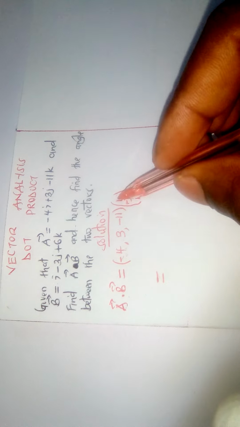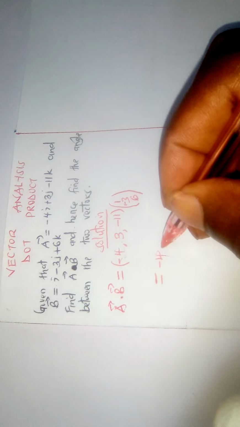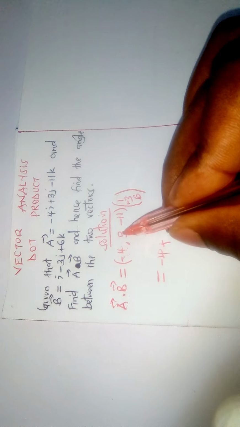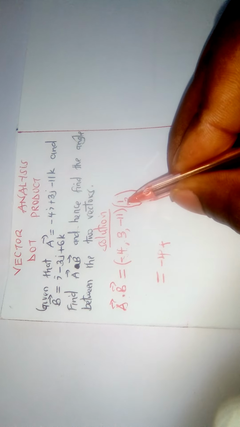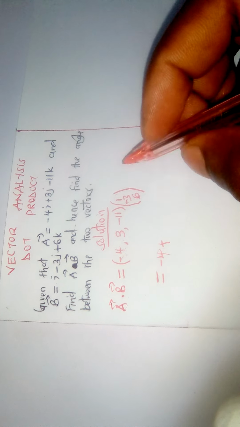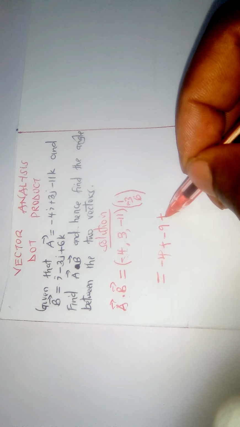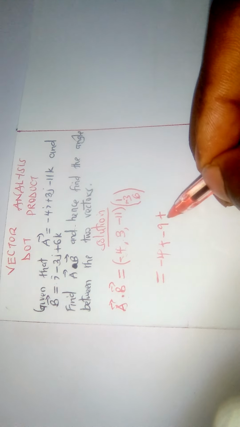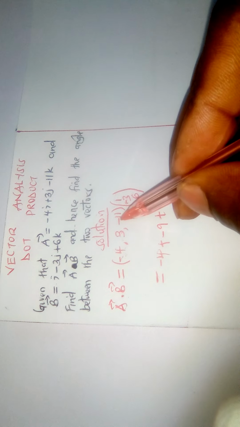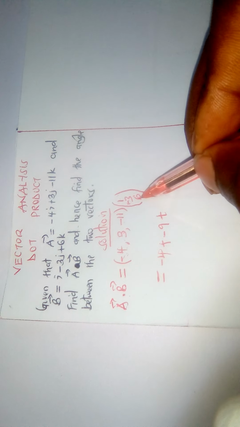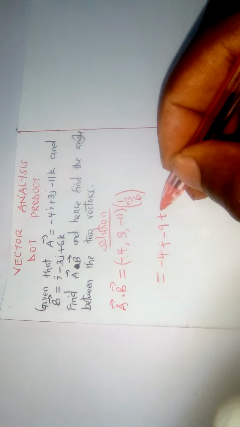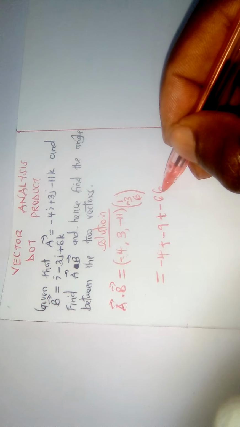And what is negative 4 by 1? That is negative 4, plus 3 by negative 3, that is negative 9. So minus 9, plus, remember the sign in between is addition. Then negative 11 by 6, that is negative 66. So I'll write negative 66.